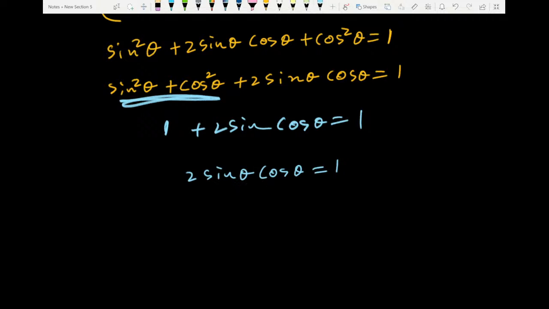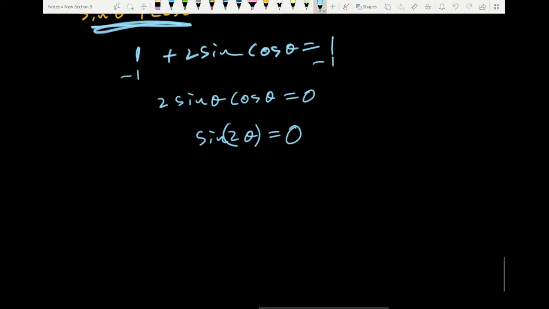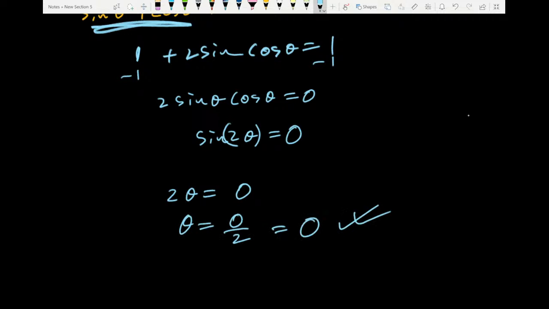It is actually sine of 2 theta. That equals 0. So you got to ask yourself, for what value of theta do you get 0 over here, for 0 to 2 pi? That's only possible if 2 theta equals 0. And then if you get theta by itself, just divide by 2 and you get that. And that's your answer.